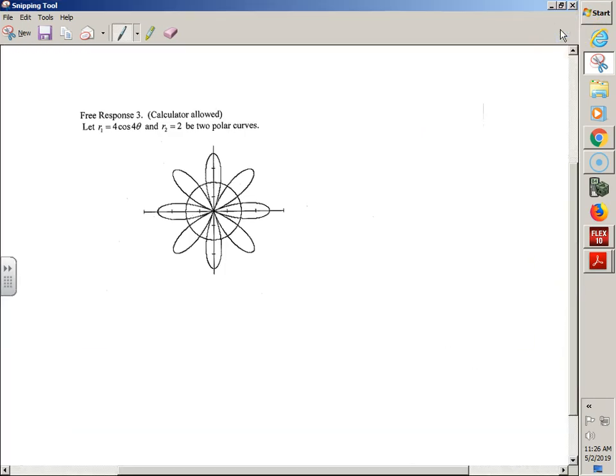Inside which one? Inside the circle, r = 2, outside the rose. No, that doesn't make sense. Inside the circle, but outside of that. It's like a little too.